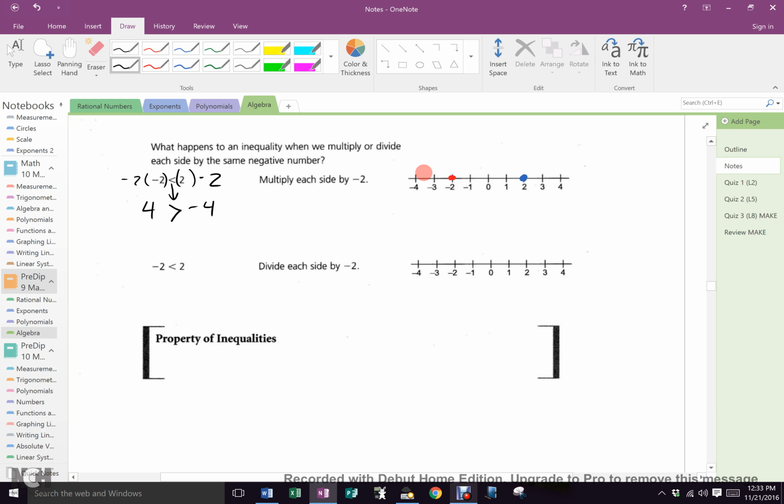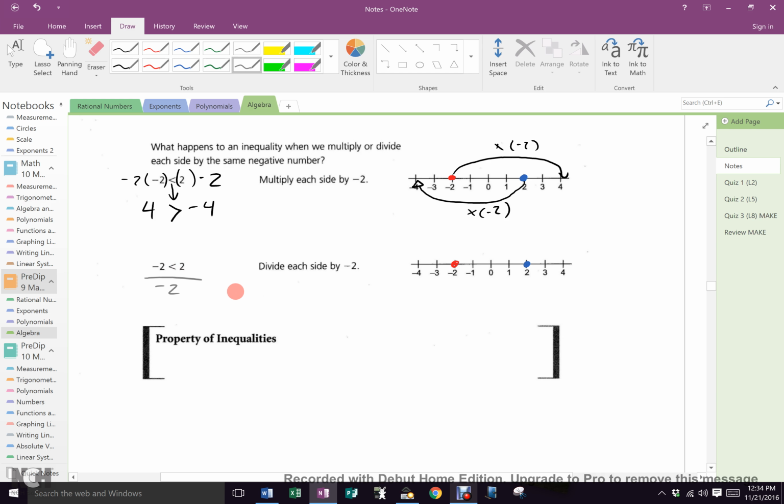It flips because this 2 goes out to here when I multiply by -2, and this 2 goes down to here when I multiply by -2.